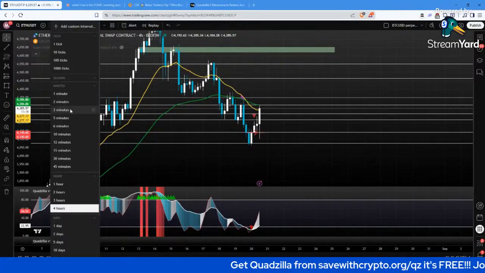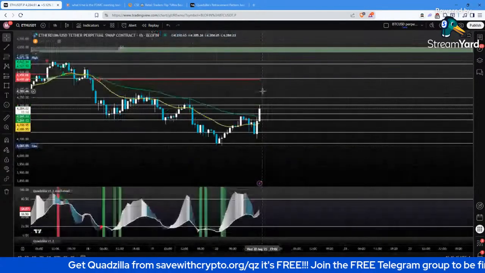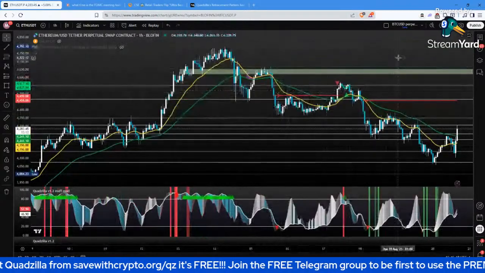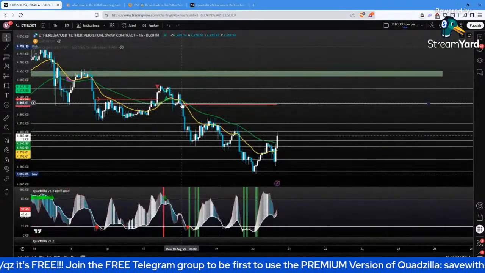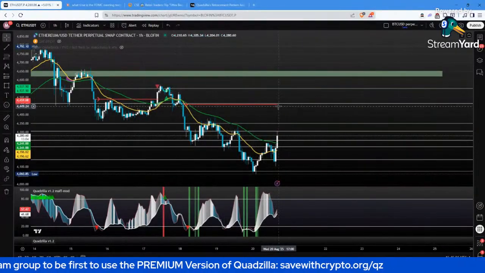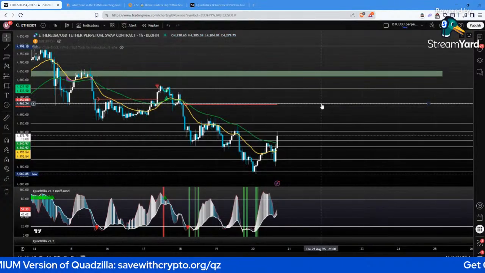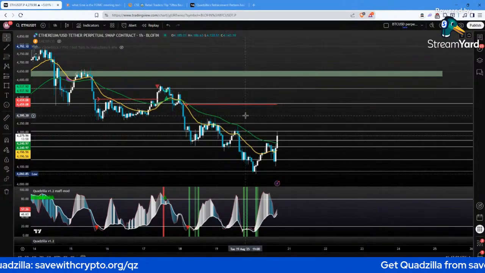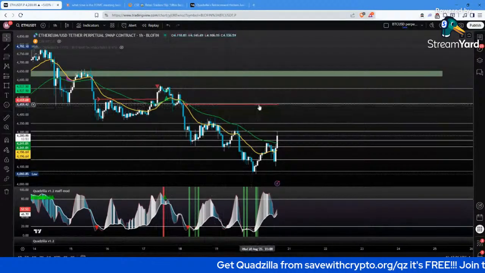But if I drop down to progressively lower time frames here, say the 1 hour, so in this one we've got that. Interestingly, that retracement level ties in quite nicely with that line I drew in, suggesting that there's liquidity there.